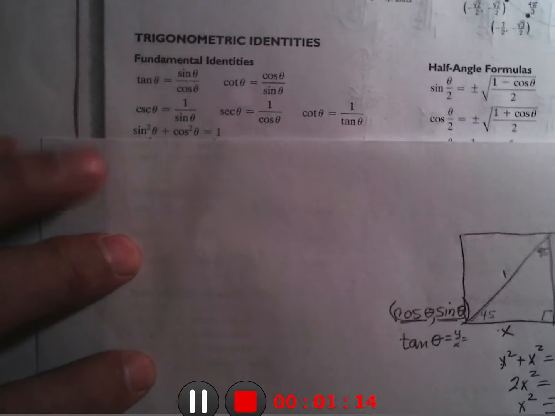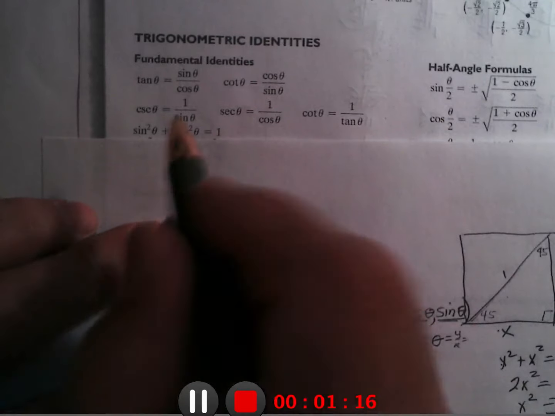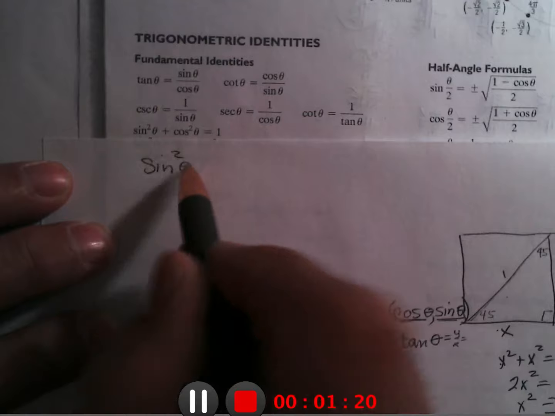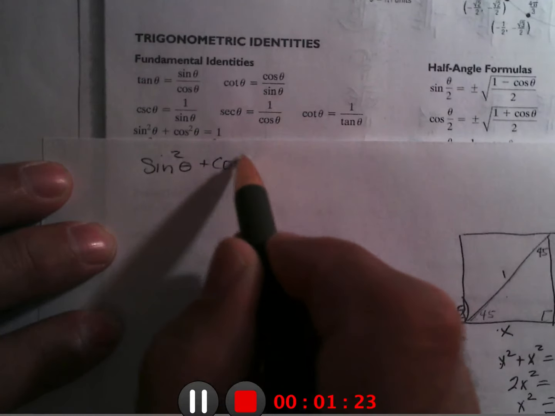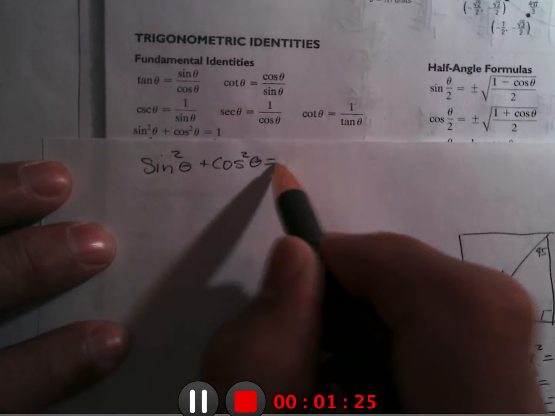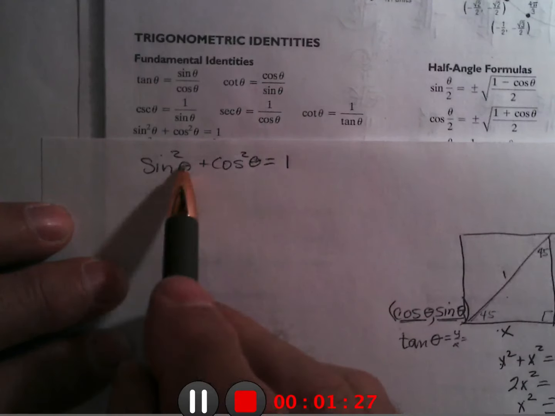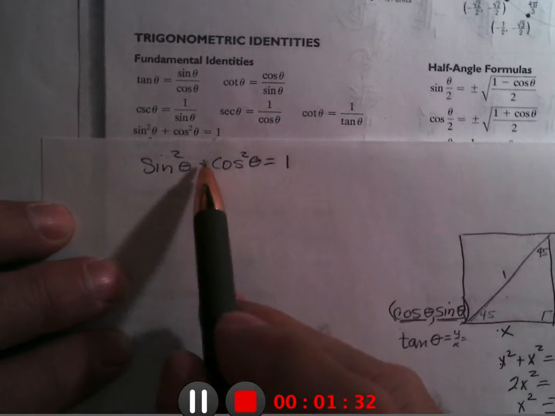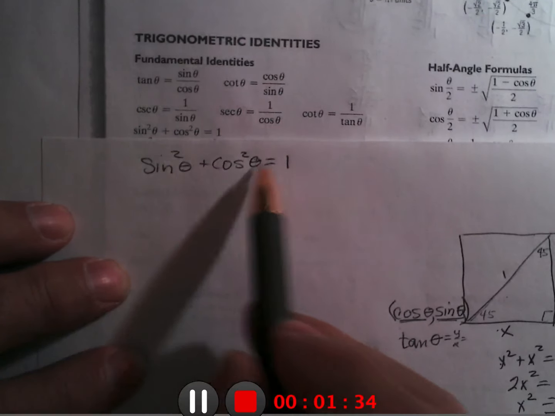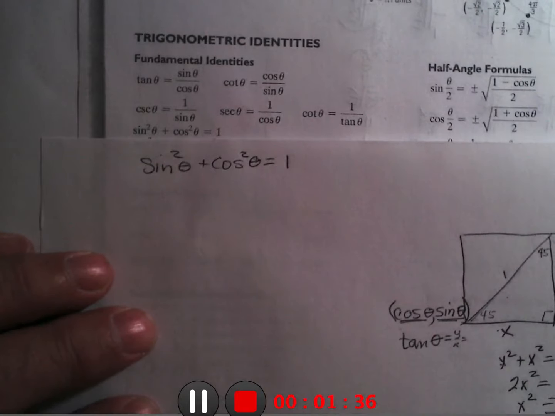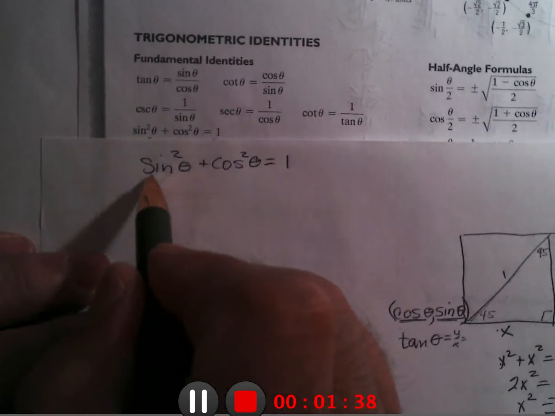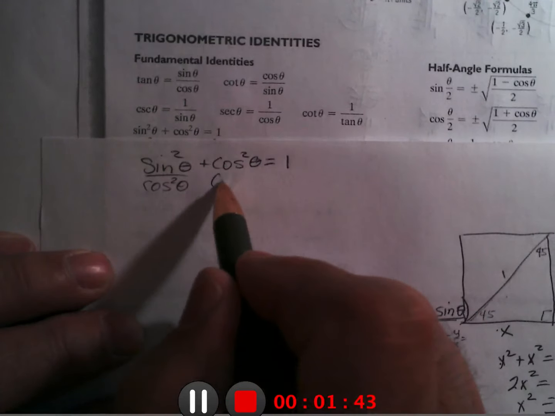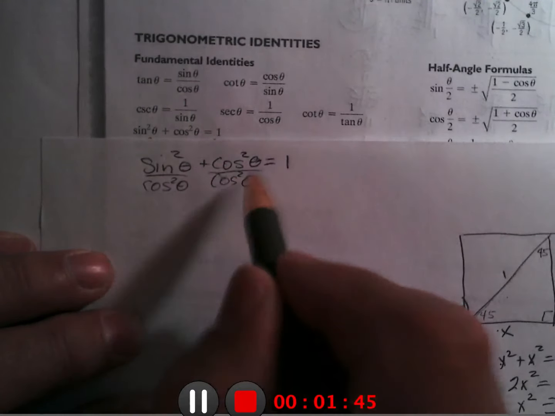Now, there's a lot you can do with that. If you take sine squared theta plus cosine squared of the angle equals 1, it doesn't matter what the angle is as long as they're both the same. The sine squared of any angle plus cosine squared of the same angle will always equal 1. If you divide all these by cosine squared, you come up with a new identity.